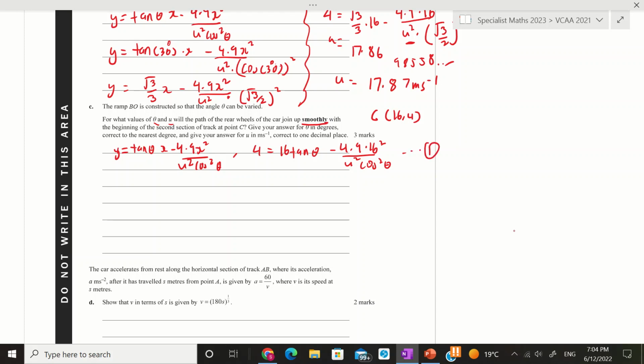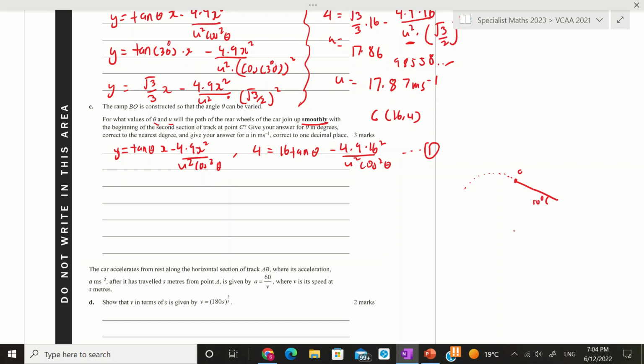Now we use the second idea, the idea of the rear wheels of the car joining up smoothly with the second ramp, right? It looked a bit like this, and then you have point C here, and this was the ramp, angled at 10 degrees.